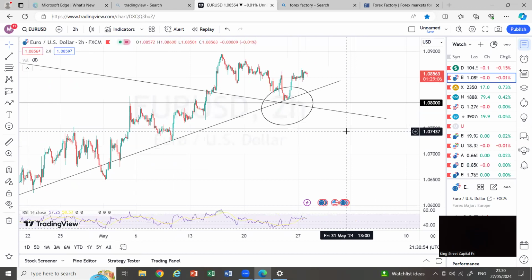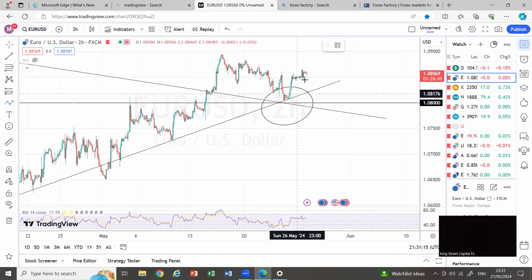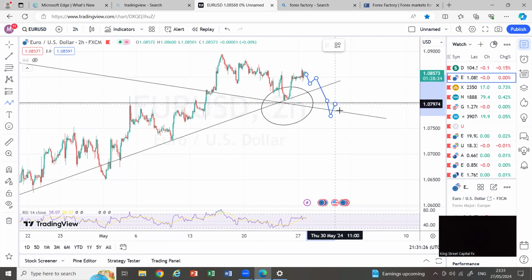So I hope y'all just stay with me on this. We see, apologies, we see price is just playing around 1.08500. If we do see this being broken, you can see this level being reached of 1.08000.